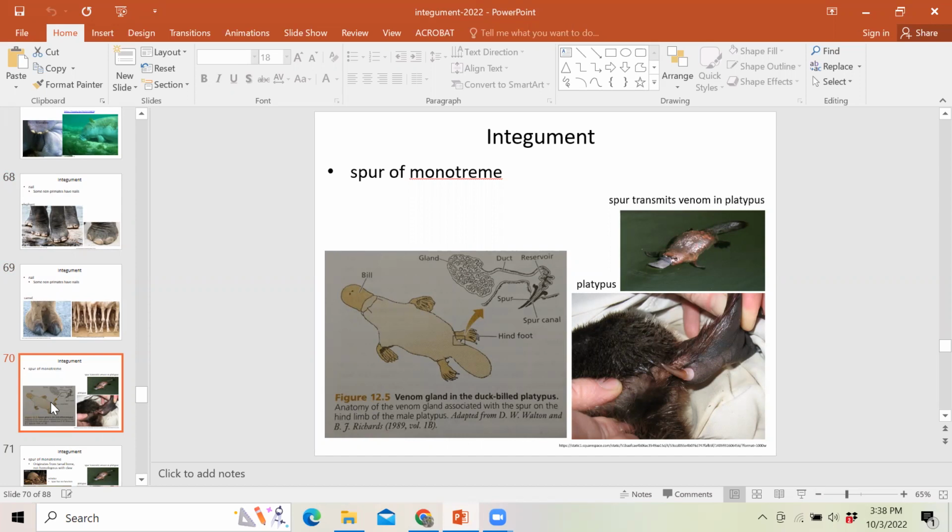So a venomous structure is something that has independently evolved throughout the vertebrates. Of course, we think of venomous snakes, but there's venomous, you name it. You can probably think of two or three other venomous things that have a venomous spur. But the monotremes, the platypus for example, has that.